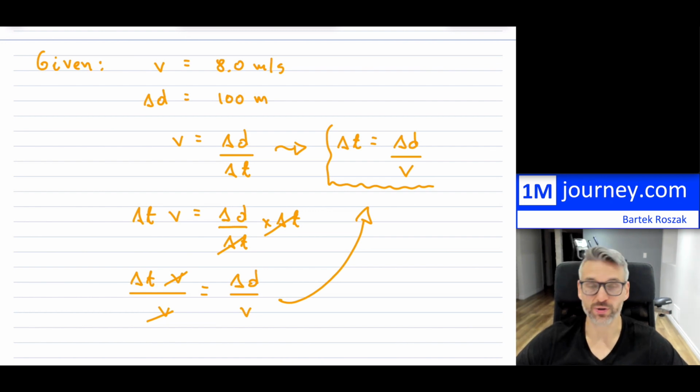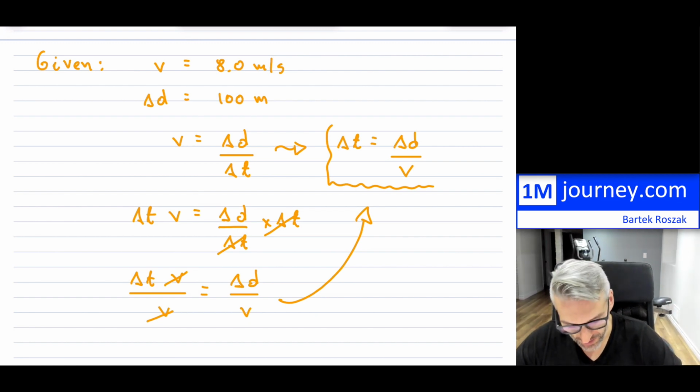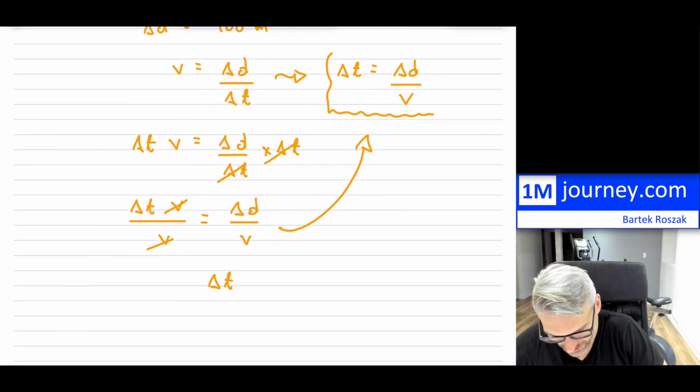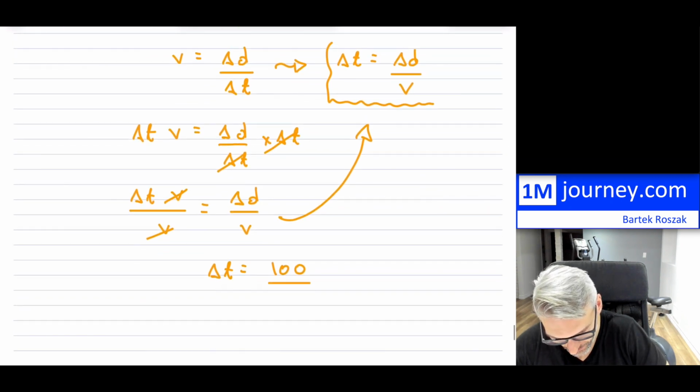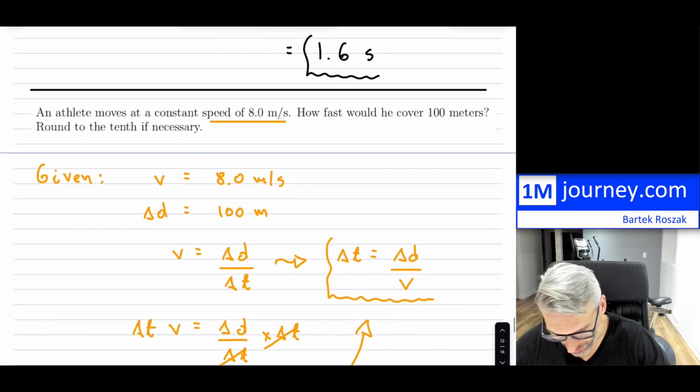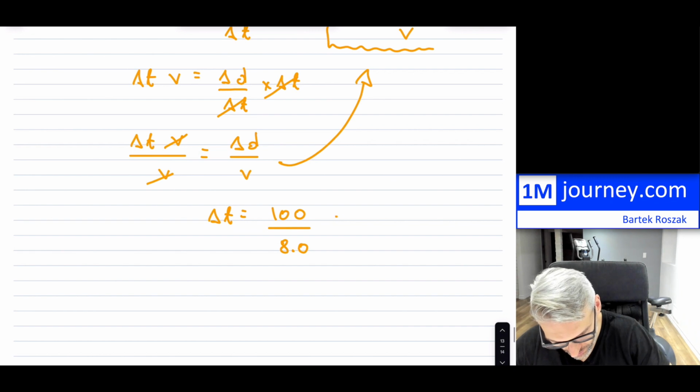If you know about unit conversions, you can certainly do that as well. You can take the 100 meters divided by 8 meters per second, and you'll notice that the meters will cancel, and then the second will come up on top. Now, plugging these things in, delta t is equal to 100 all over 8 meters per second. And so now in this case, what do we have?